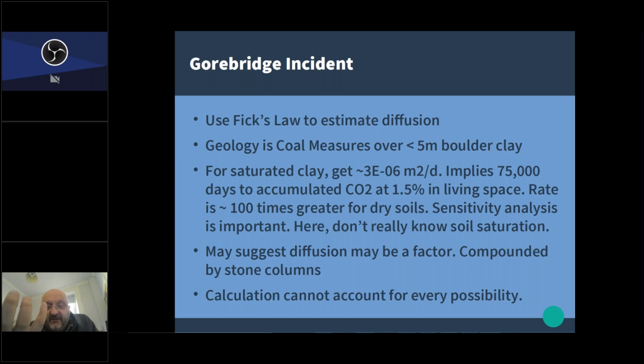So we've got gas diffusing at a flux rate determined by Fick's law into a room with a footprint of about 16 square meters.